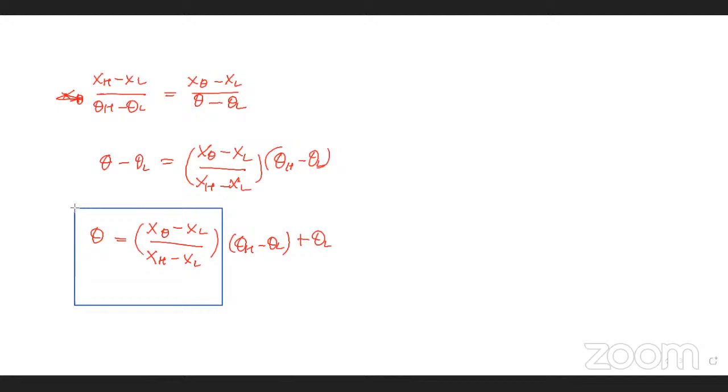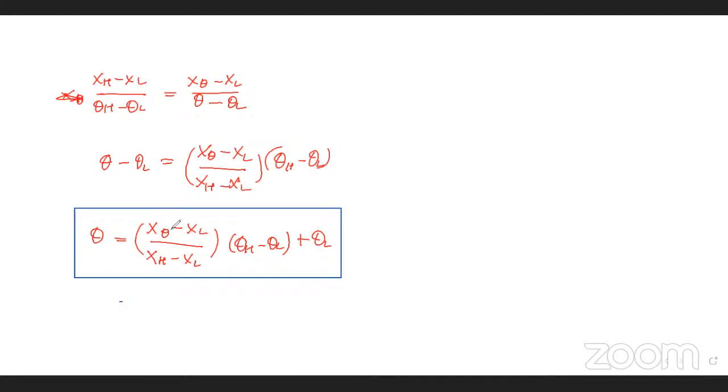You can find it if you know the thermometric properties corresponding to the lower fixed point, the upper fixed point, and the unknown temperature theta, that is, theta L, theta H, and the values X theta, XL, XH: the thermometric property at the lower fixed point, at the upper fixed point, and the reading at the unknown temperature.